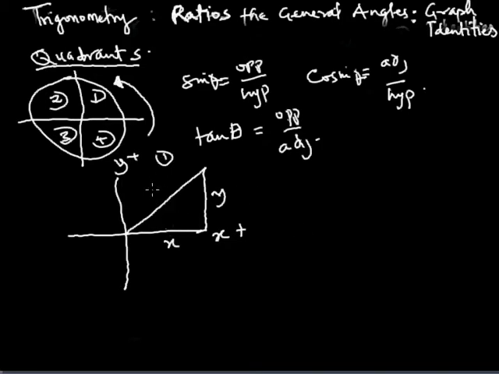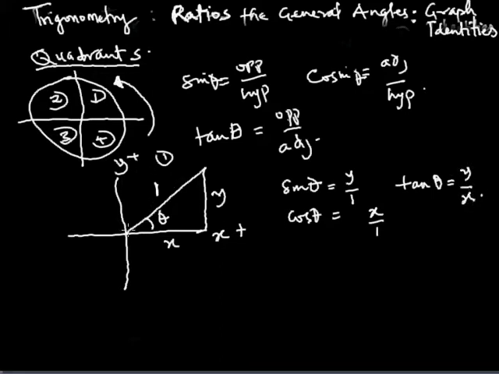Let's assume this is 1. If you want to define angle theta here, sine theta is equal to y over 1, cos theta is equal to x over 1, and tan theta is equal to y over x.